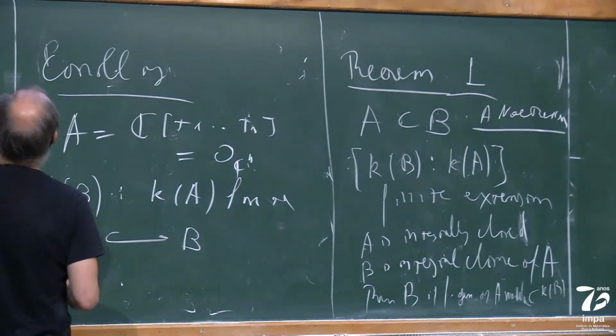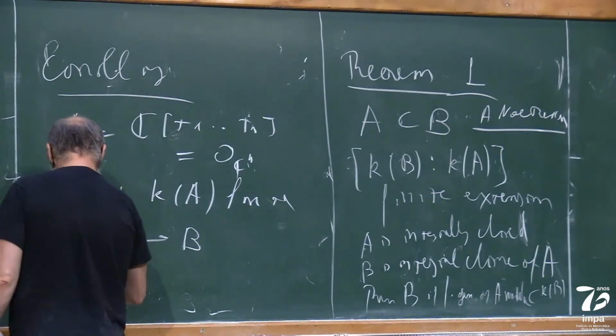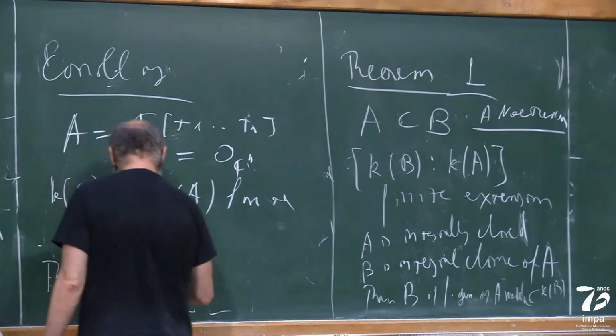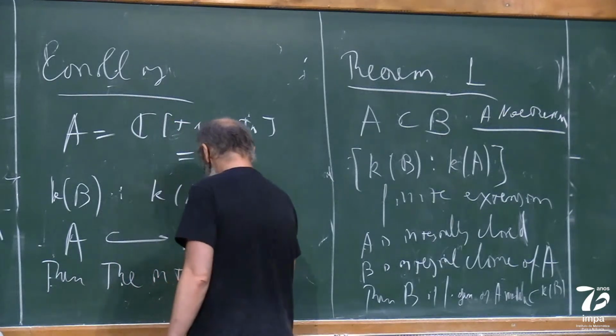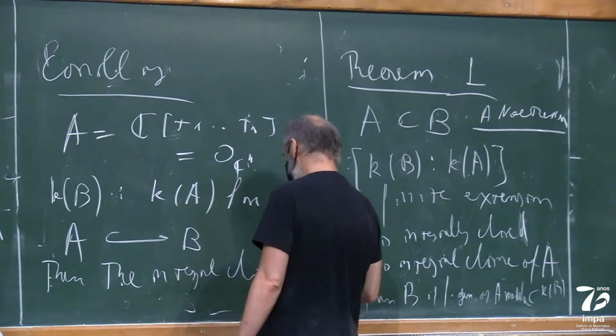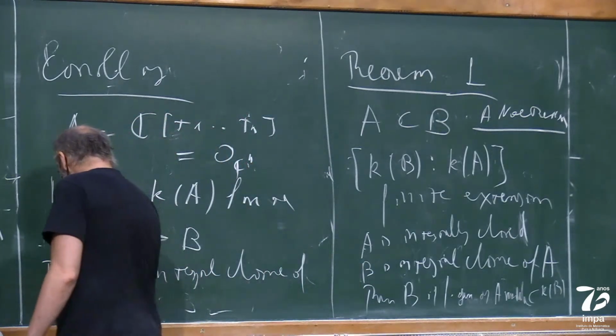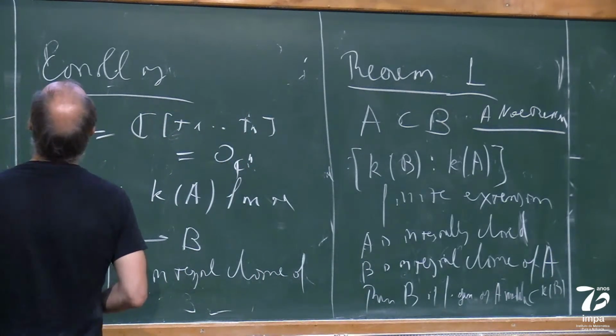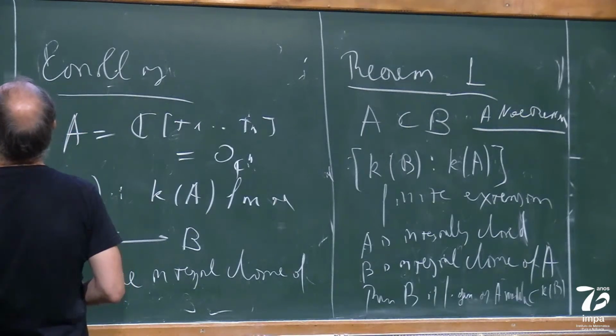Then the integral closure of B is finitely generated.